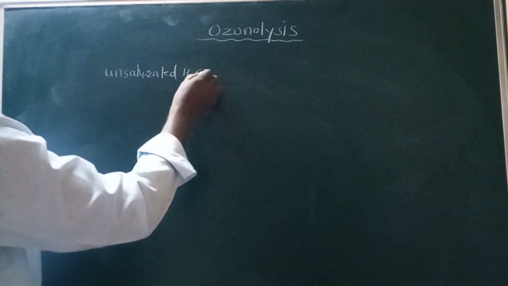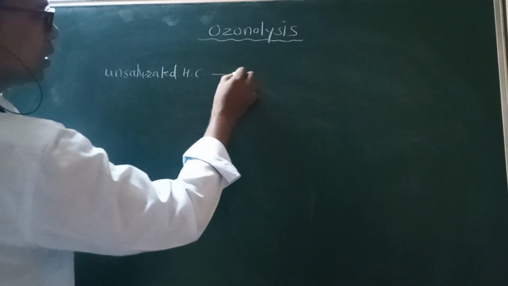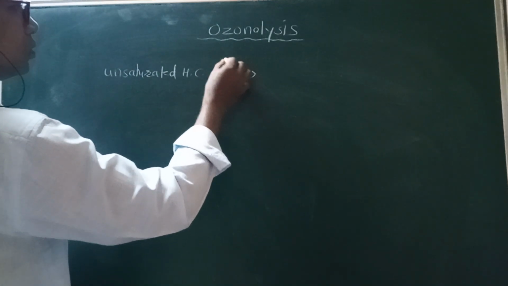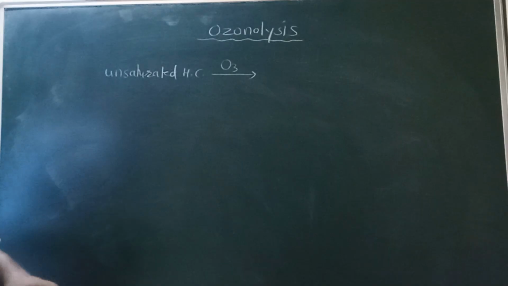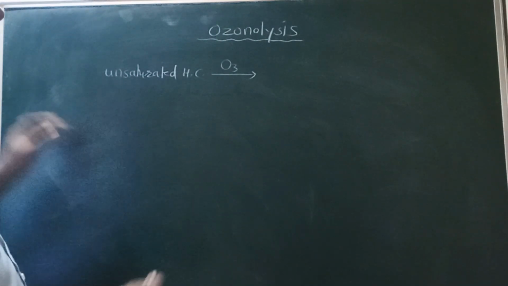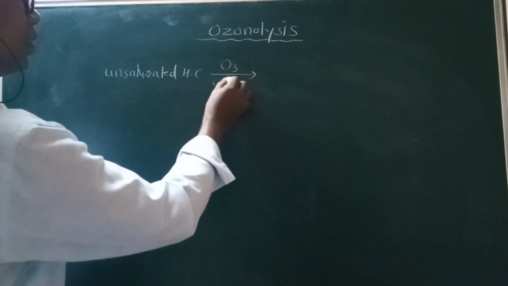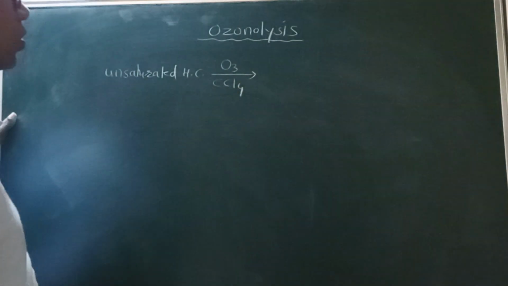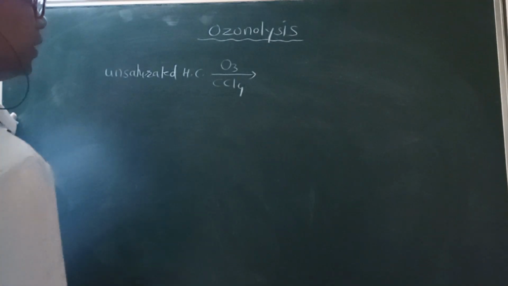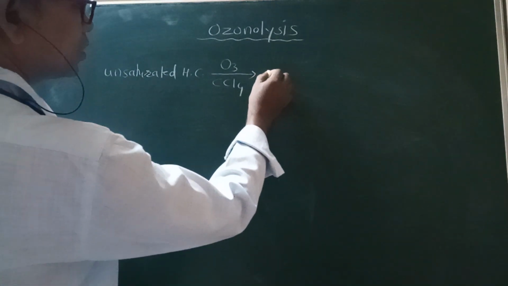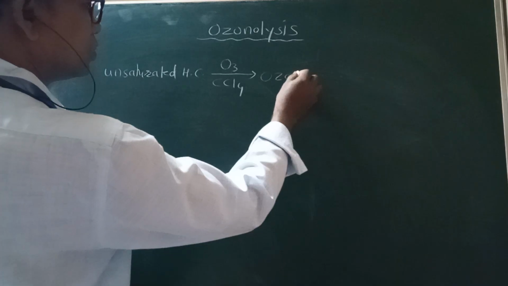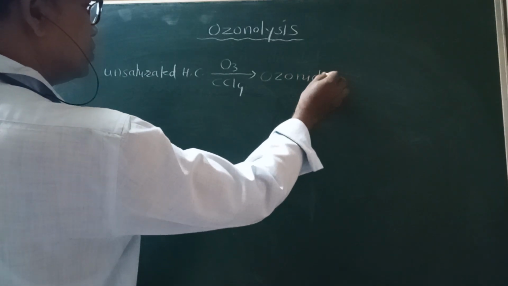When unsaturated hydrocarbons react with ozone in the presence of an inert organic solvent like CCl4, carbon tetrachloride, it gives an intermediate compound known as ozonide.